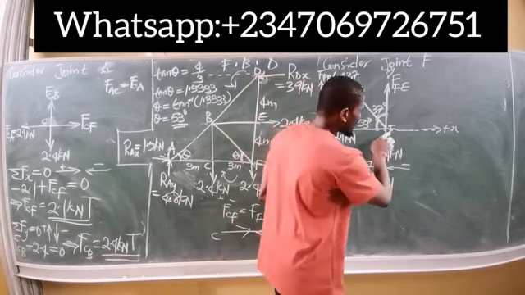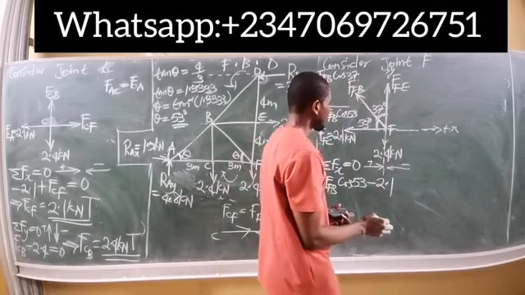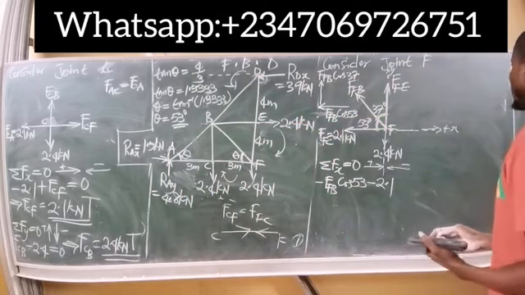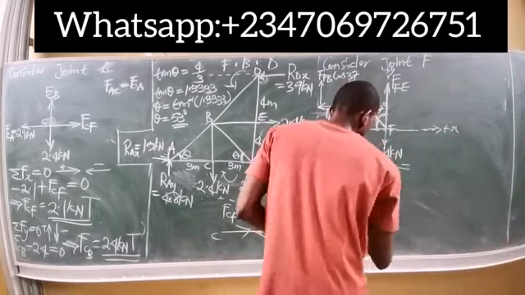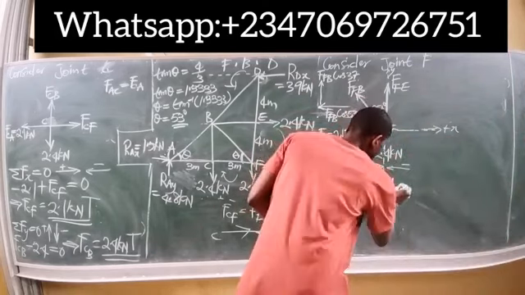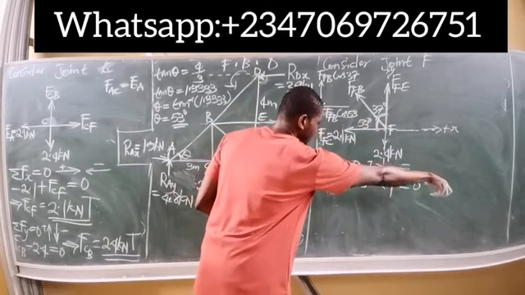Those are the only horizontal forces we have on this system. So the whole of this is simply equal to 0. Here I can simply send minus 2.1 over to the other side of the equation.